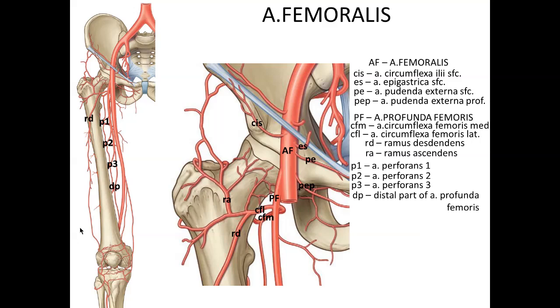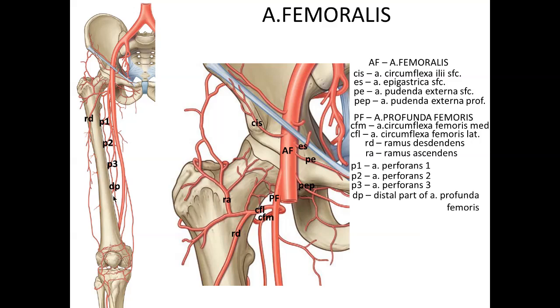So arteria profunda femoris practically here is finished. So it terminates through the distal part of arteria profunda femoris.